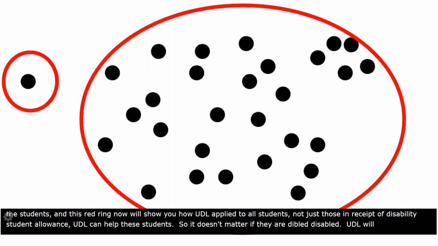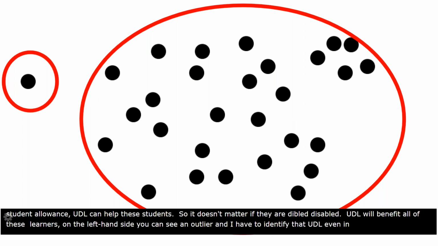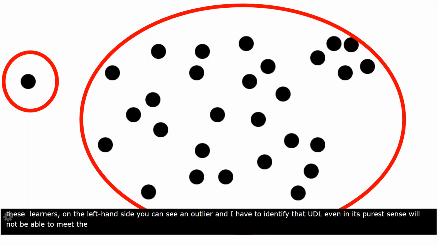I have to be very pragmatic and identify that UDL, even in its purest sense, will still not be able to meet the very, very complex needs of all students. So there will always be a need for additional support for these students. And as we move UDL on, we will be able to see how those students become less and less.